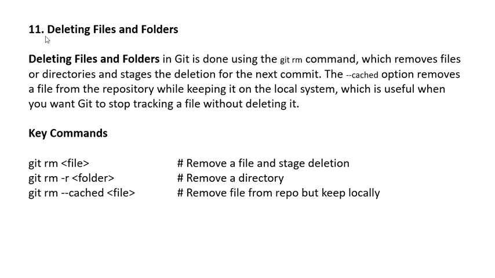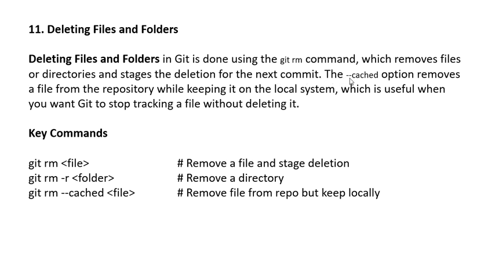The 11th command is deleting files and folders. Deleting files and folders in Git is done using the git rm command, which removes the files and directories and stages the deletions for the next commit.